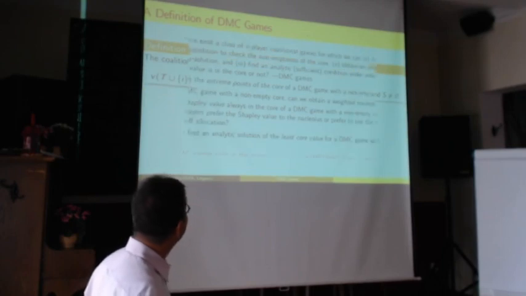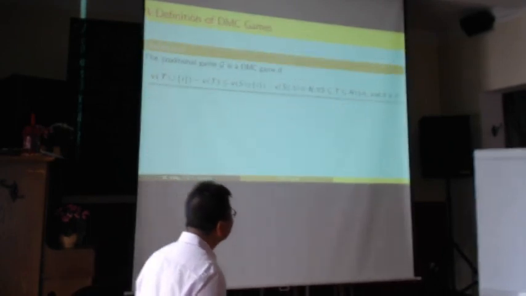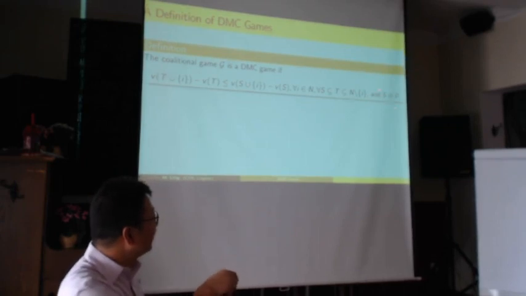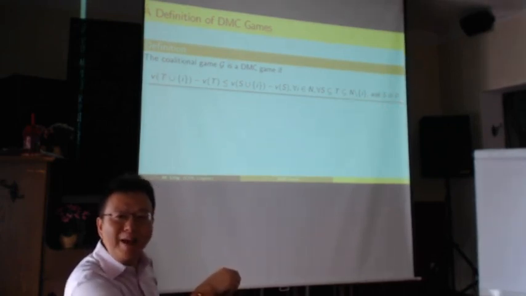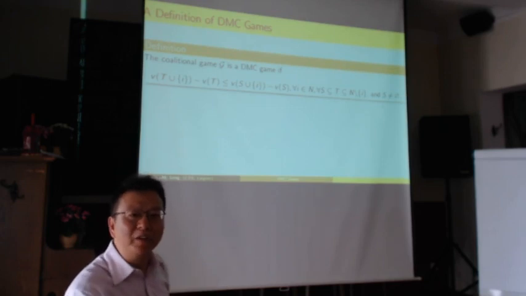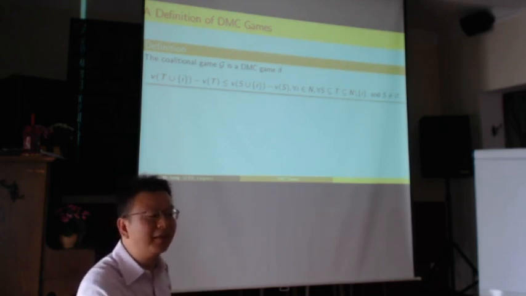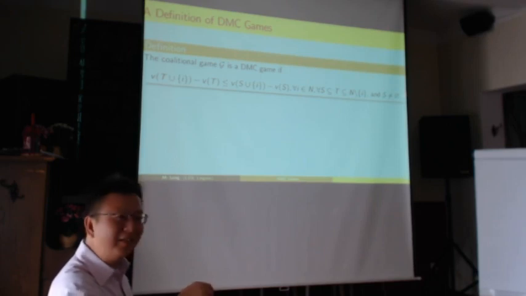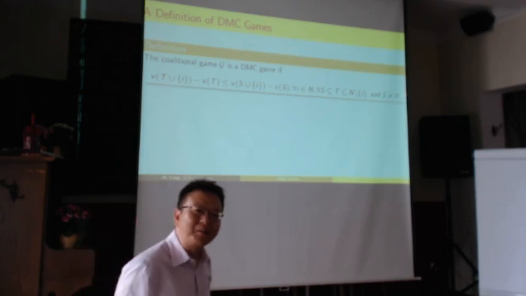The difference is only here. If we include the empty set here, this is the same as a convex, submodular game. But if we consider this one, it is different from a submodular game.